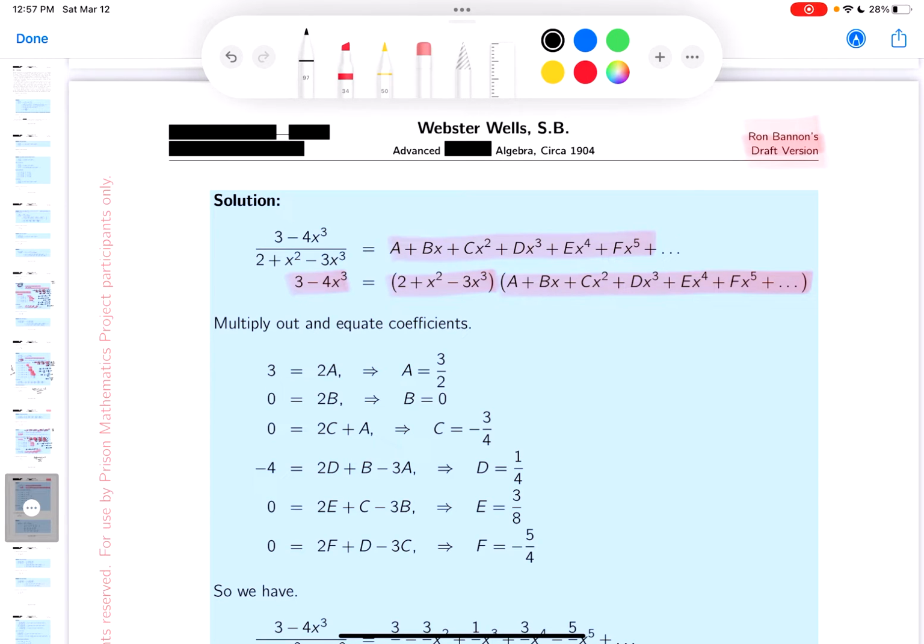So if you were to multiply this thing out, I want to write down what you get. You would get 2a plus 2bx plus 2c x squared plus 2d x cubed. Got to get one more term because I want at least 5 terms, right? 2e x^4.